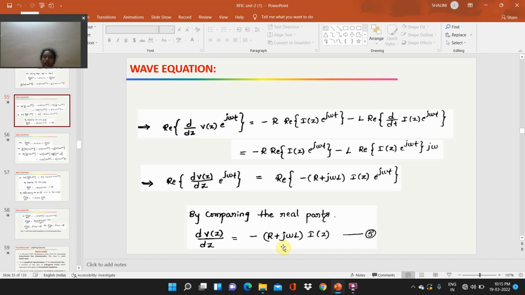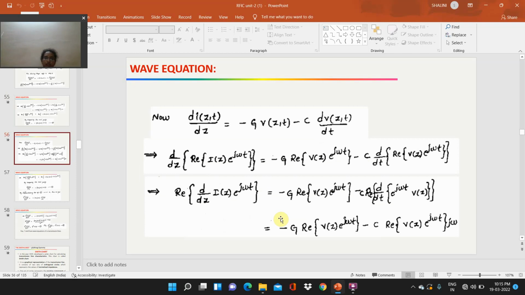Hence Re of dV by dZ of e power j omega t is equal to Re of minus R plus j omega L into I of Z e power j omega t. By comparing the real terms, equation 5 will be obtained.